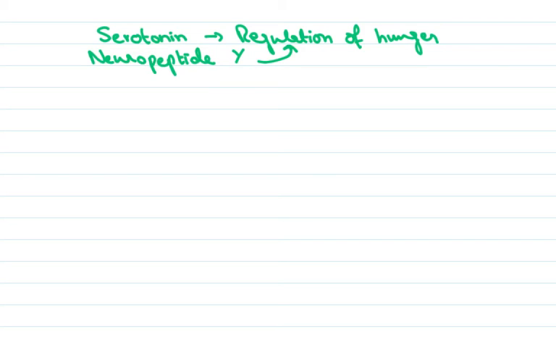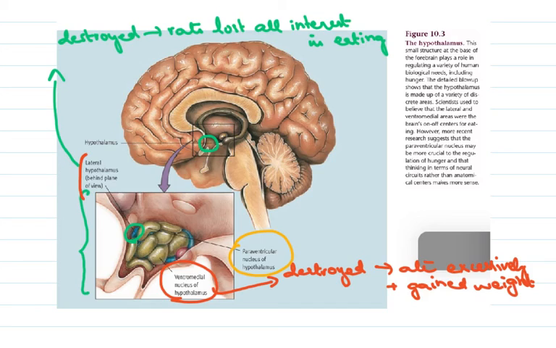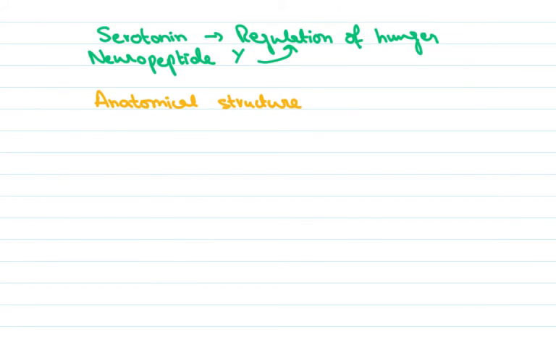So we shifted from looking at anatomical structures in the brain, which is what we were doing when we looked at the different aspects of anatomy with regards to the hypothalamus, to looking at more of the neural circuits that might control hunger.